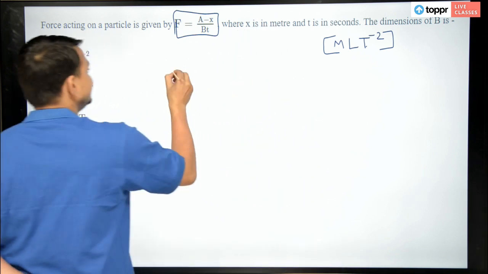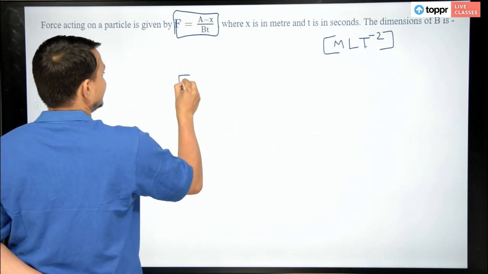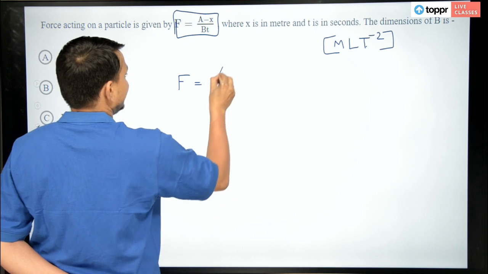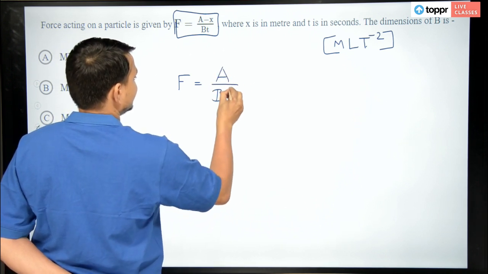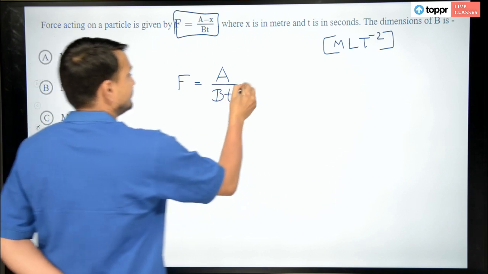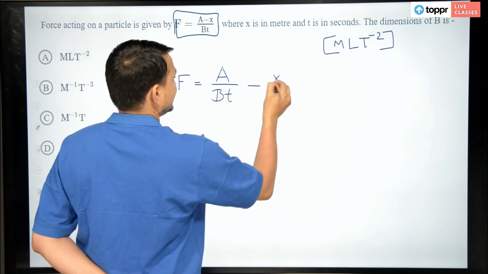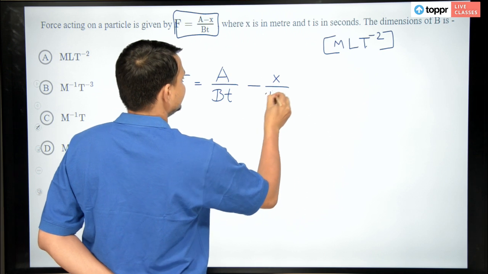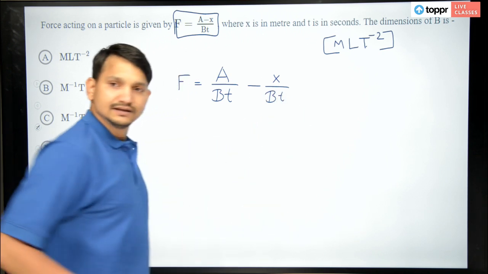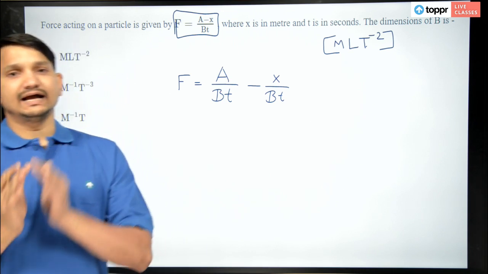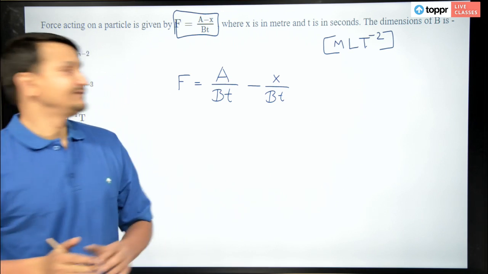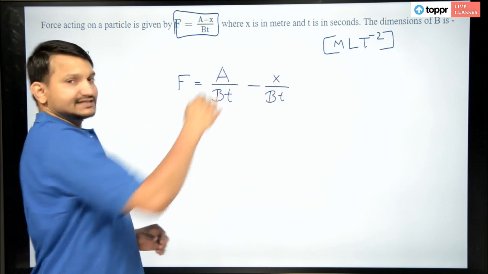Can we write it as F equals A by BT minus X by BT? Yeah. So two quantities can be added only and only if the dimensions of these are the same.